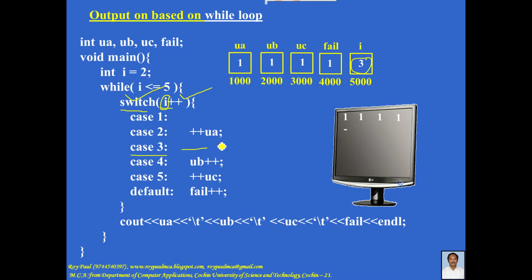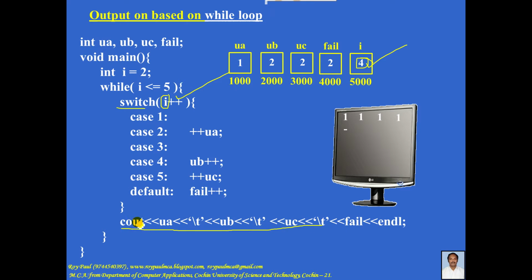No statement, even the break is not there, so next case, case 4. UB plus plus, 1 plus plus, 2. There is no break. Case 5. Plus plus UC, plus plus, 1, 2. There is no break, so default. Fail plus plus, 1 plus plus, 2. So the current value for I, which is 3, is used for switch. Now I plus plus, so 3 plus plus, I becomes 4.